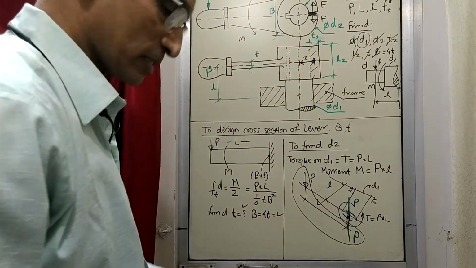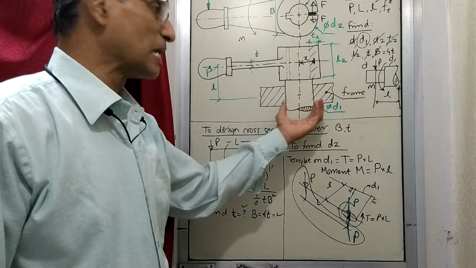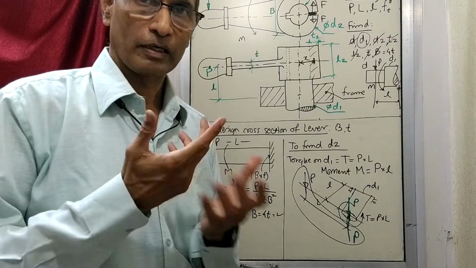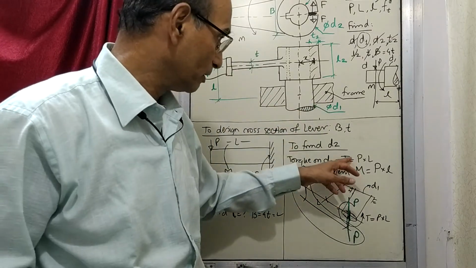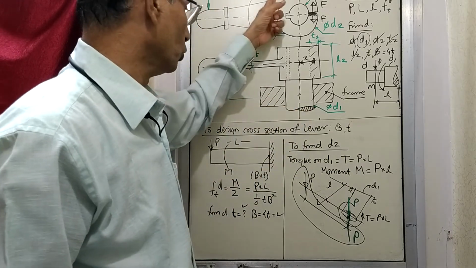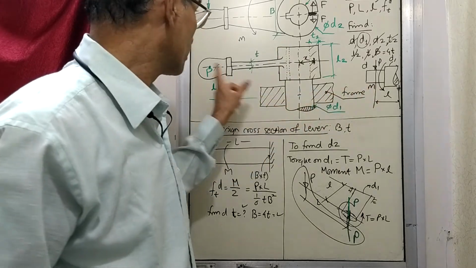Having seen this, our question was, this diameter is experiencing what kind of load? The answer we have now obtained: this diameter is experiencing a torque which is P into L, and it is also experiencing a moment which is P into small l.